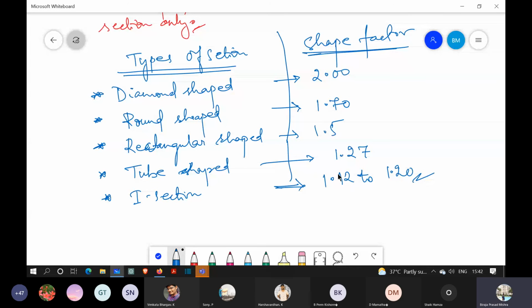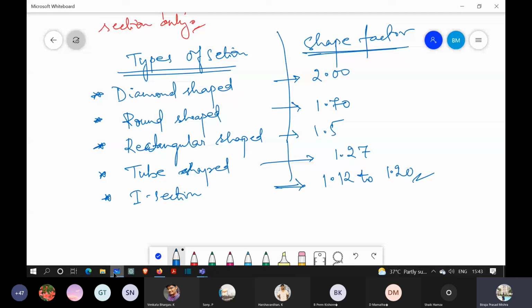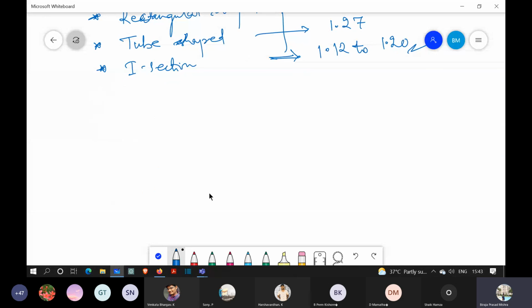So before we end, let us write one question which we are going to solve in the next class. After that we have the plastic hinge and some other topics.